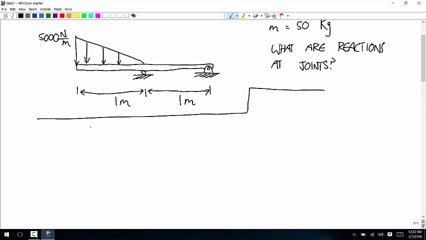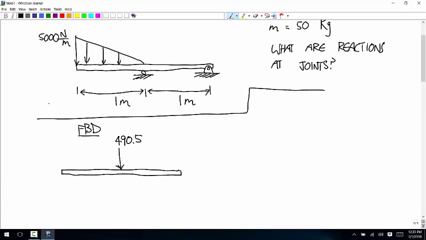So let's draw a free body diagram. There's a weight force, and that acts at the middle. I'll just put it here because it'll keep the picture from getting too jumbled. So 50 times 9.81 is 490.5.